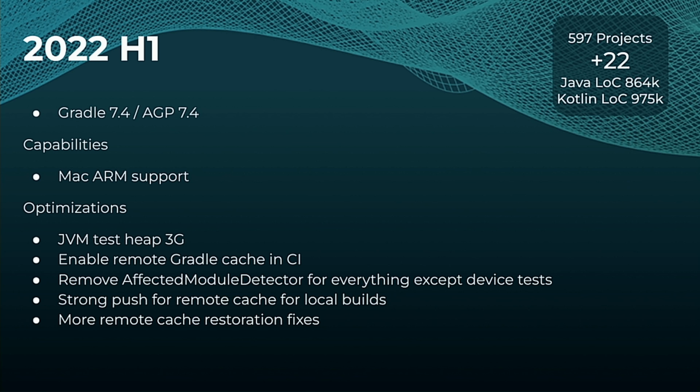This is the big one for us because we enabled remote cache for Gradle in CI. It was a lot of battle to get the right approvals from the right people, but the impact was massive. We were able to turn off the affected module detector, which is essentially a big hack around Gradle, and we left it only for tests because we haven't quite solved that. The remote cache only pushes from CI, and all of the local developers only read.